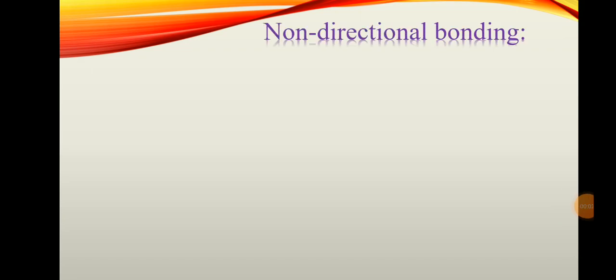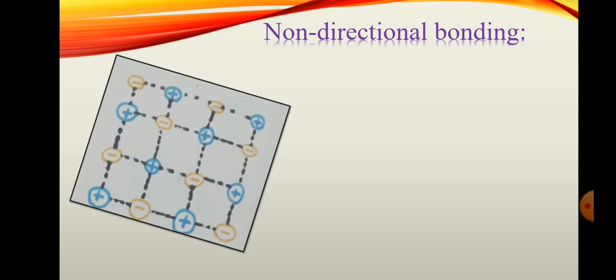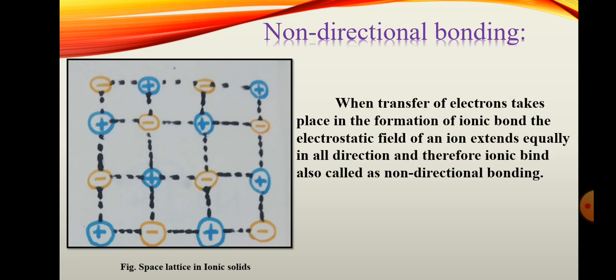Hello. Now we learn ionic bonding is also called non-directional bonding. Why? So let's look at and understand this picture. It is a space lattice in ionic solids. What does it explain?